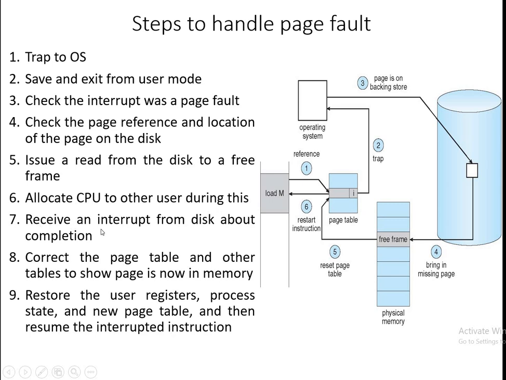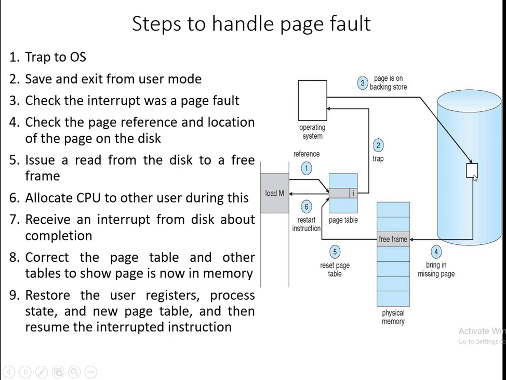Once it receives an interrupt from the disk saying that your read operation is completed and your data has been written into the required free space, it will correct the page table and other tables to show the page is now in memory.